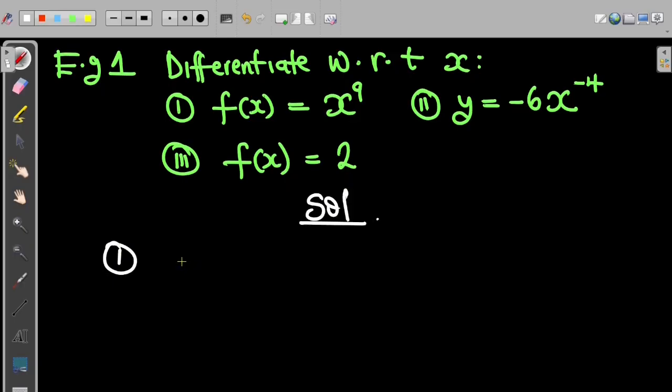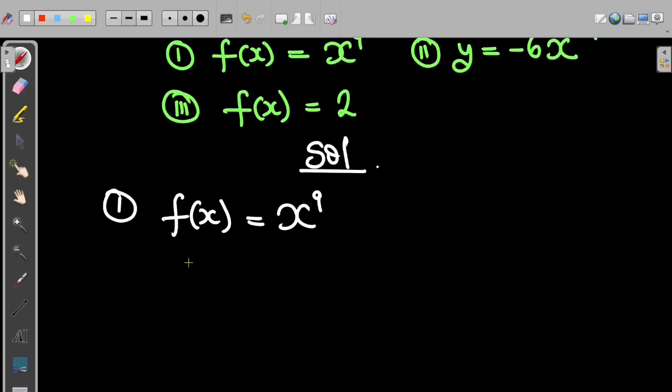So for number 1, we have that f of x is equal to x to the power of 9. So this is still y equal to x to the power of 9.